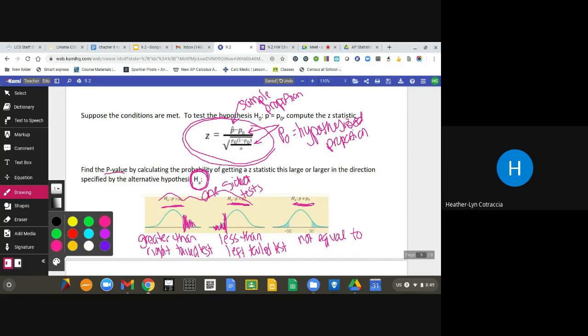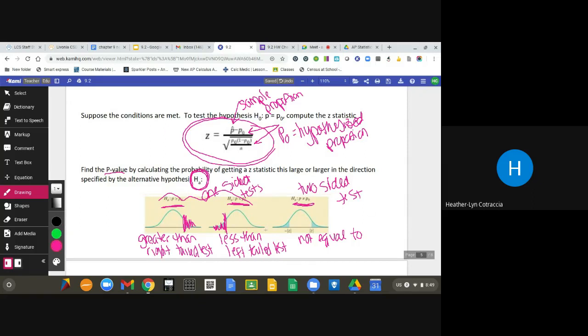You're just saying it's not what is predicted. So it's not equal to. Then we call this a two-sided test. Okay, so these two over here were one-sided tests. This one over here is a two-sided test.